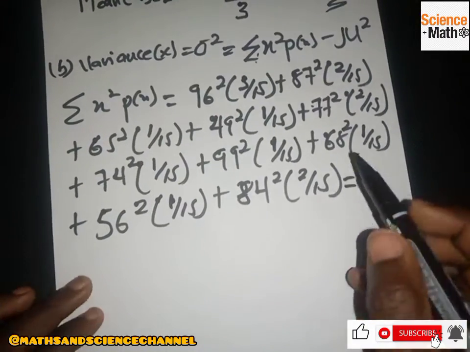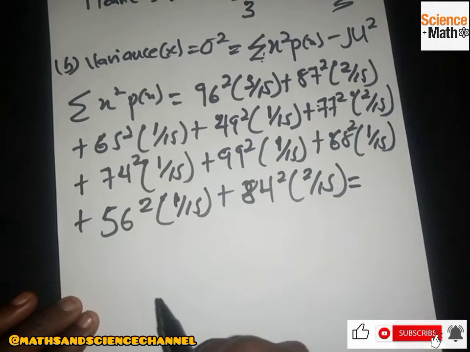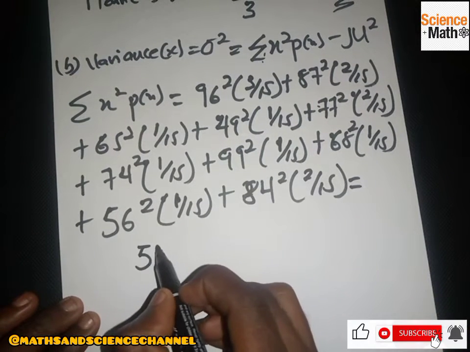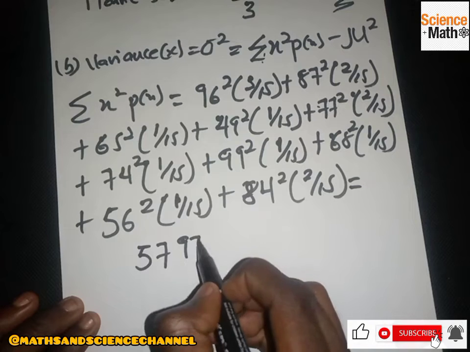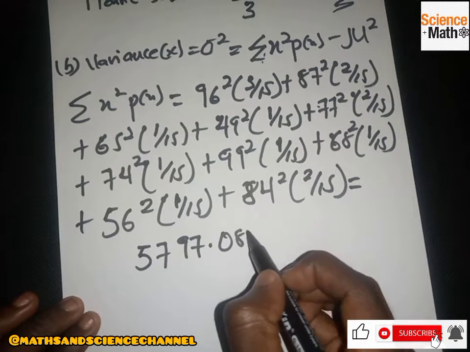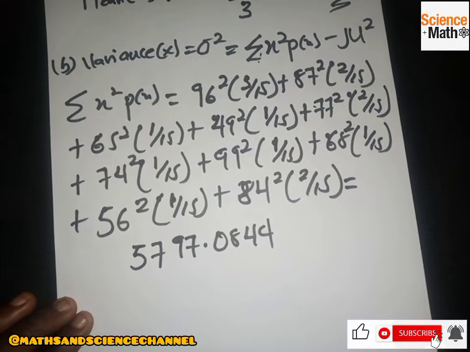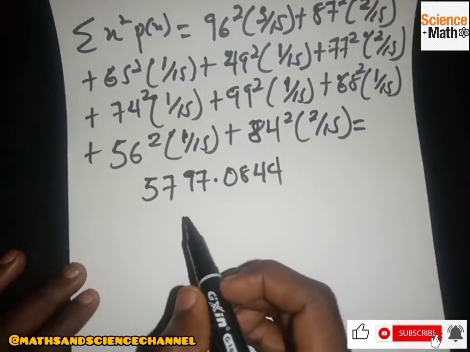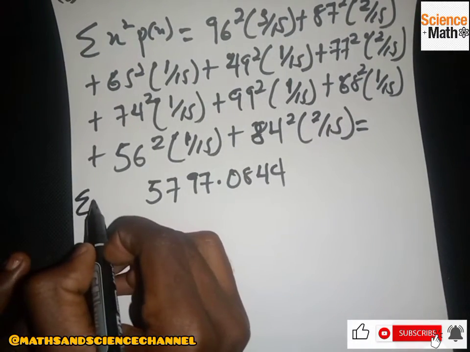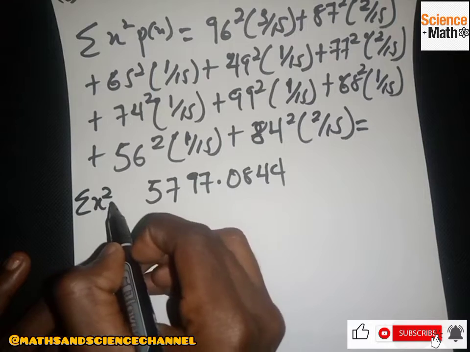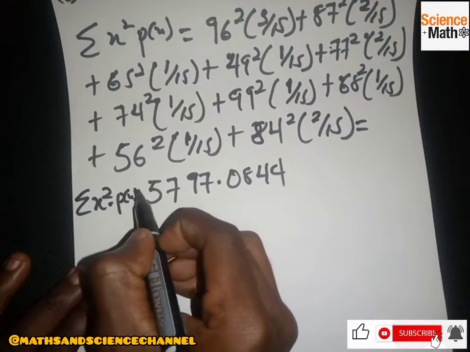If we do the whole of that, then we should get something close to 5797.0844. So that is the summation of s squared multiplied by P of x in this case.